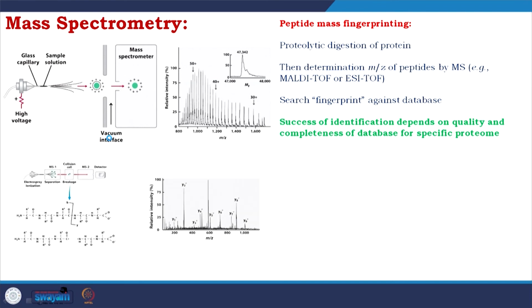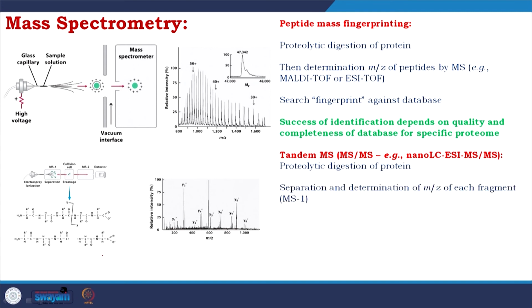The other method is known as tandem mass spectrometry. Here you do the proteolytic digestion of protein, but instead of then going for m/z, you do a separation and then determination of m/z of each fragment.